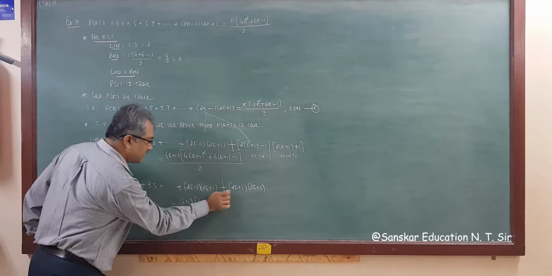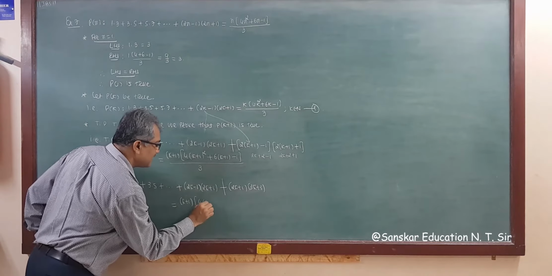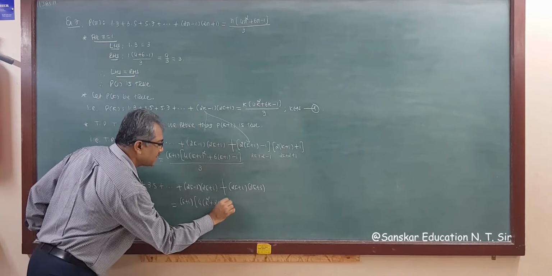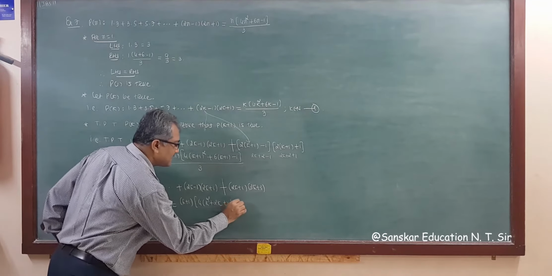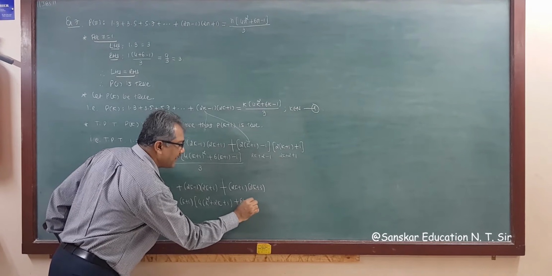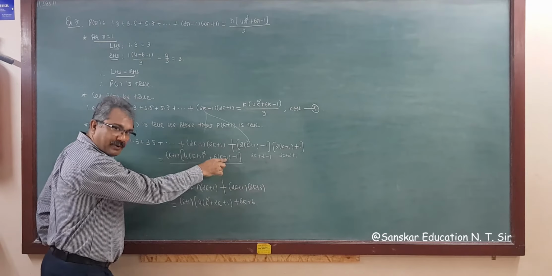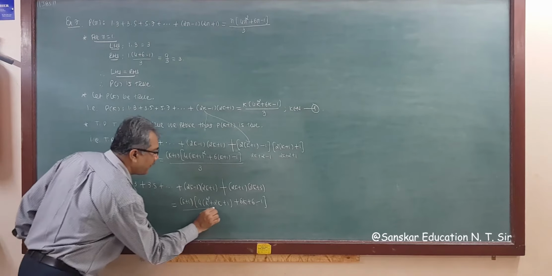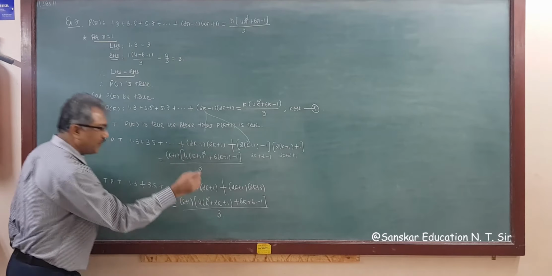If you want to expand then you can. So the answer of this is k square plus twice k plus 1, plus 6k plus 6, and minus 1, whole upon 3.